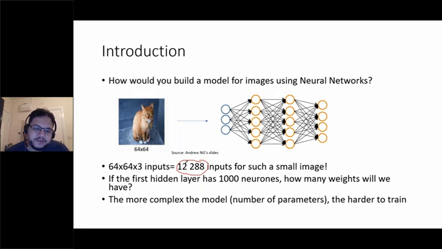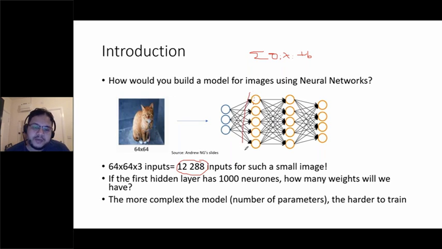So here we have this number of weights, plus 1 because we have the bias. So we have this number of weights.